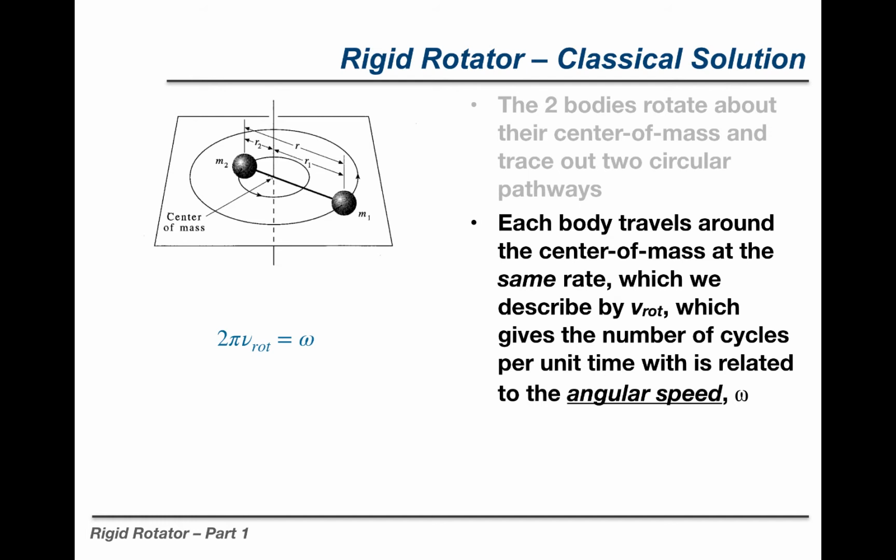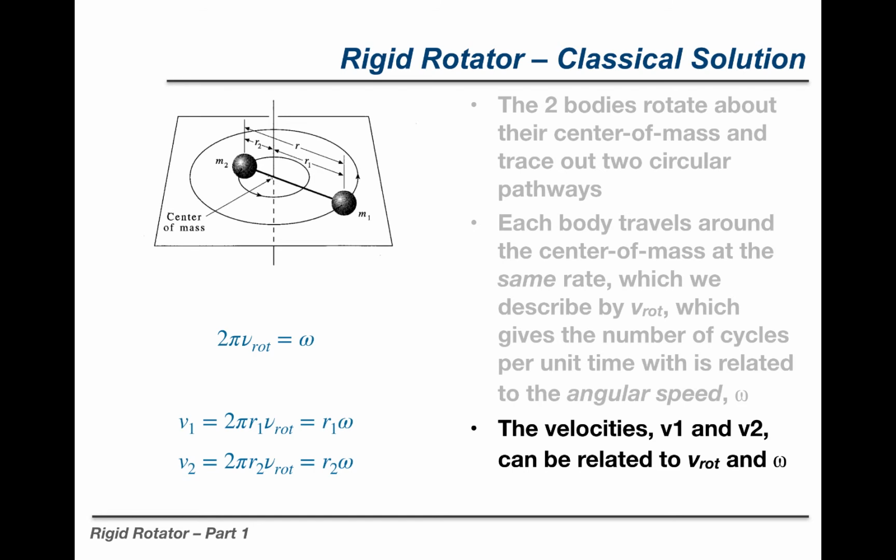And so we describe that rate of rotation, or the rotational frequency, by the label nu sub rot, which tells us the number of cycles we carve out per unit time. If we want to describe the motion of the bodies not in terms of complete rotations or orbits, but instead in terms of radians, we can use the symbol omega, which gives us the angular speed. Note that omega, the angular speed, was also used in our description of the harmonic oscillator and had the same definition. It tells us radians per unit time.